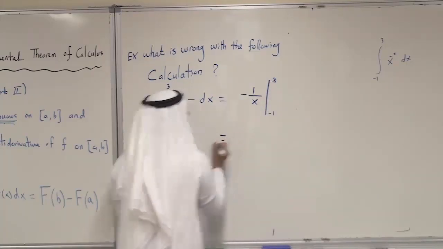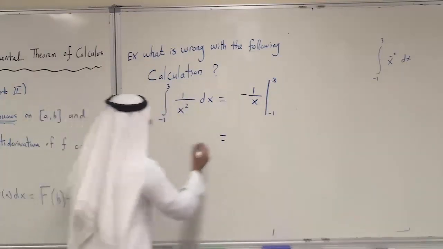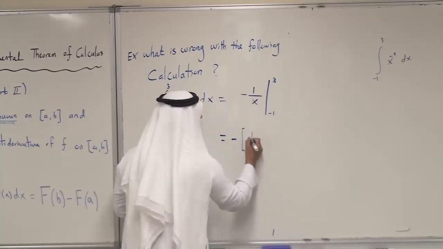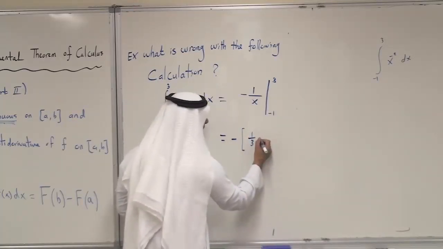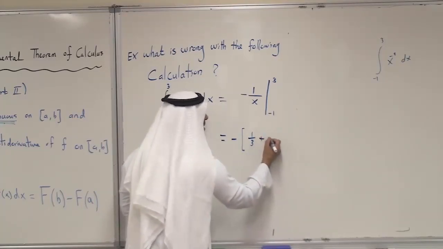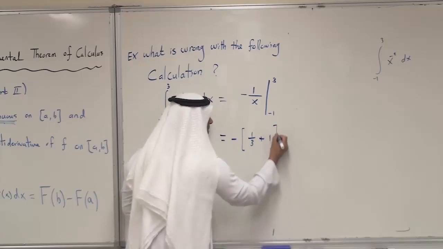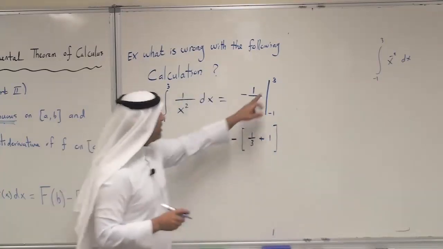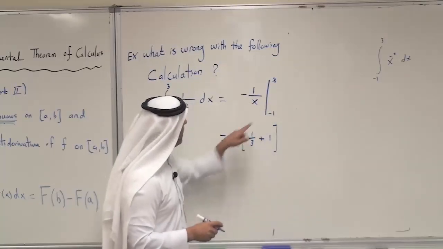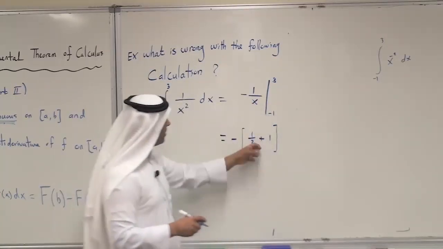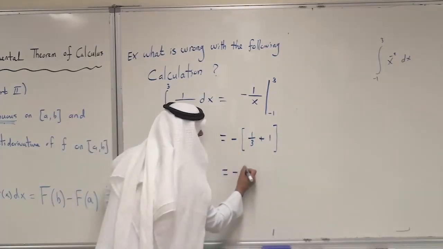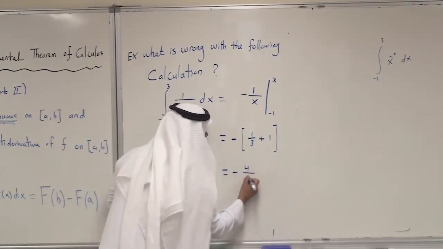So I will take the minus sign as a common factor, then substitute 3 to get 1 over 3, then minus, and we have a minus sign from minus 1, so that will be plus 1. Then I will end up with minus 4 over 3, okay?